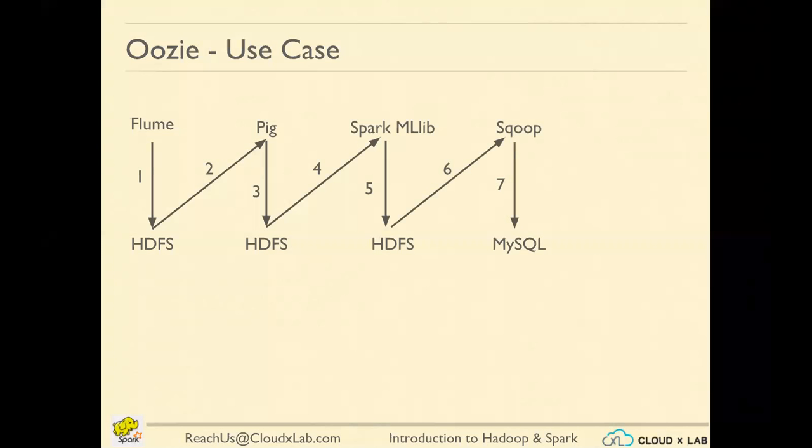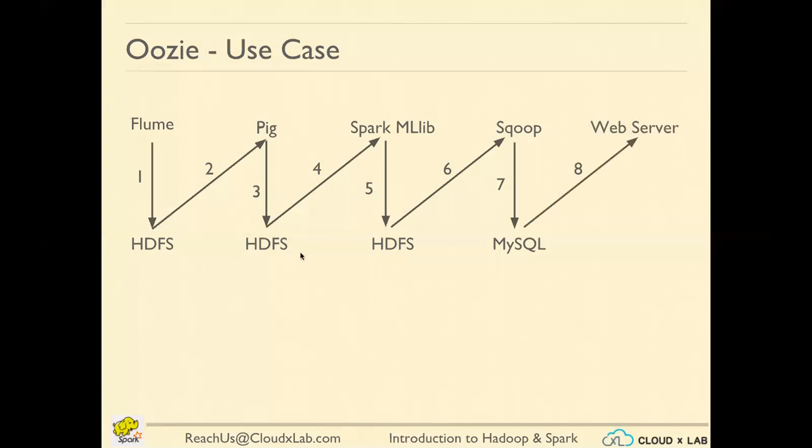Say what we want to do is display the recommendations on our website, and our website runs on, say, MySQL. The recommendations are generated based on the users' logs. So first of all, we use Flume to pull the users' logs from the web server logs into HDFS, and using an analytics engine like Pig or Spark or any other MapReduce, we clean up this data and store it in HDFS.